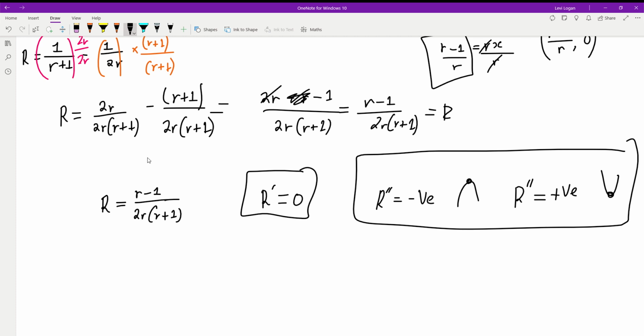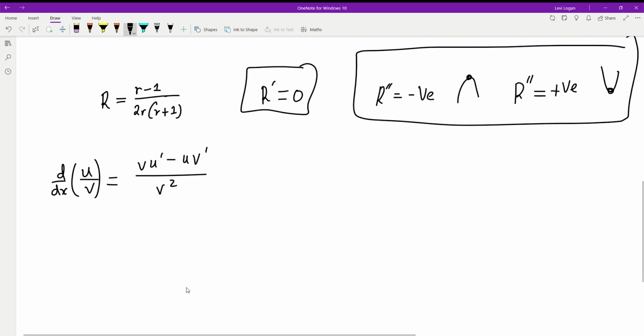So all we're going to do is differentiate this guy. So all we're going to do is pretty much use the quotient rule because we see it's a function divided by another function. So if you have a function u on v and you differentiate it, that is equivalent to v u dash minus u v dash on v squared.